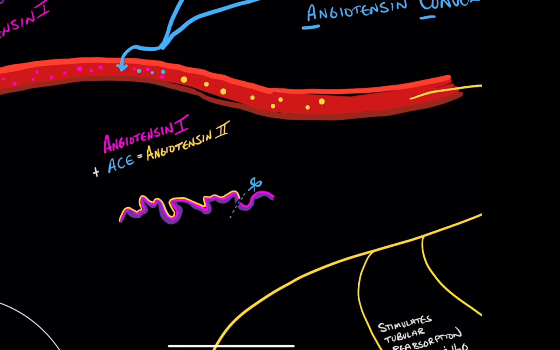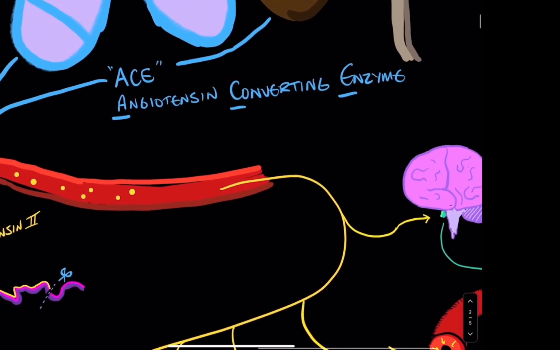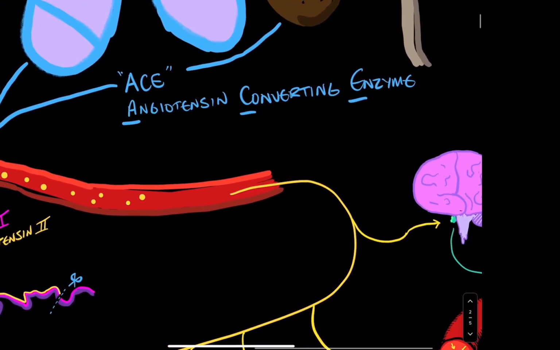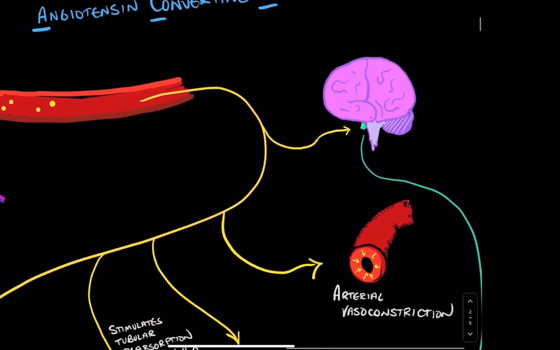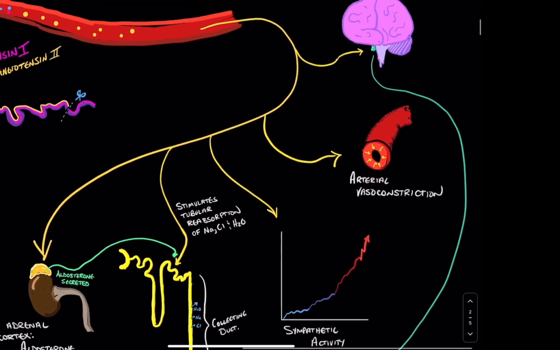When it meets up, it's going to cut another part of that molecule off right here. So you can see it's now this shortened protein, known as angiotensin 2. Angiotensin 2 is the final form of this protein, which is really what it is at the end of the day.